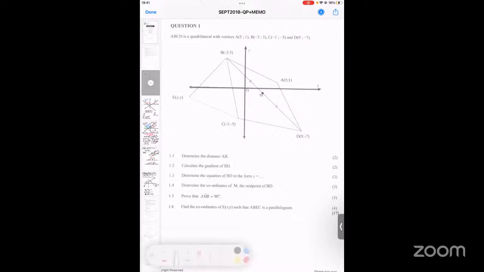And maybe later we will revisit that question. This is too thick. Let me adjust it and do it so that it's okay. So there's a question, honorable members. Determine the distance of AB. Calculate the gradient of BD.